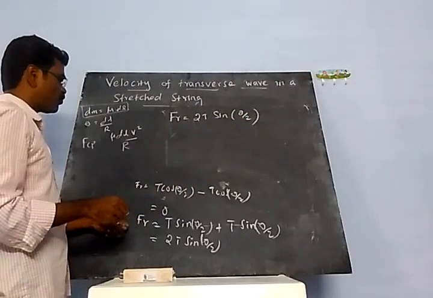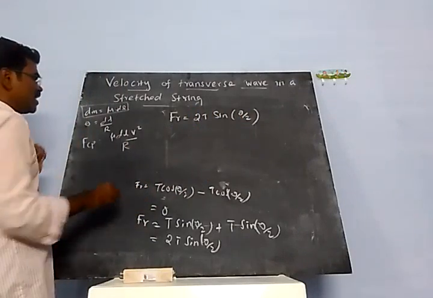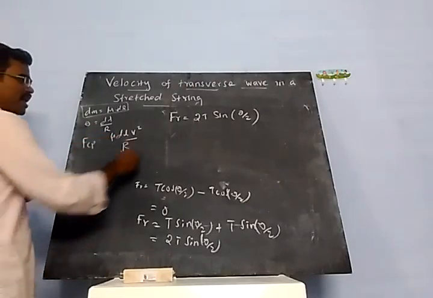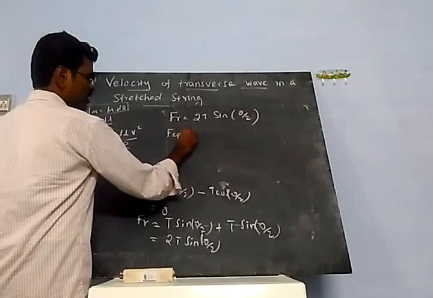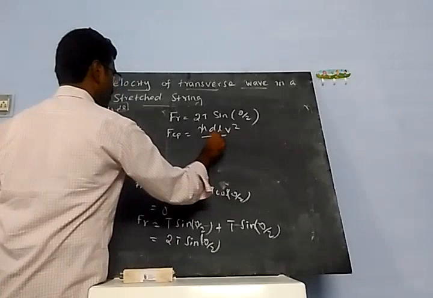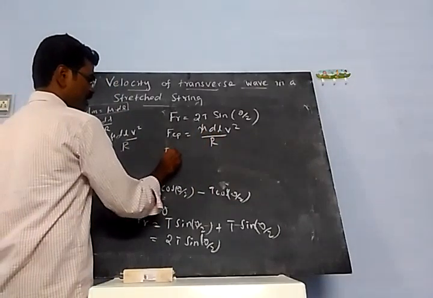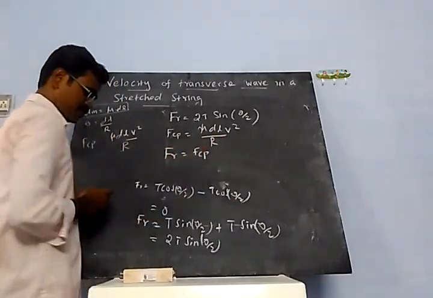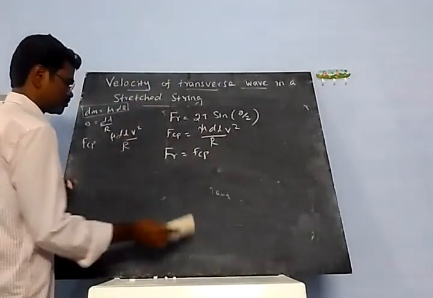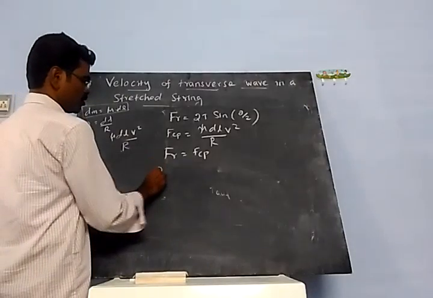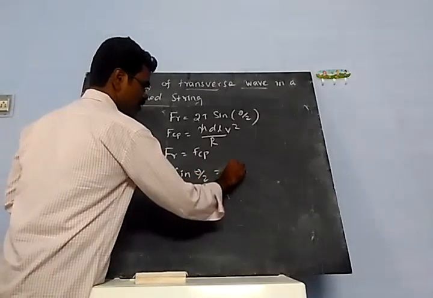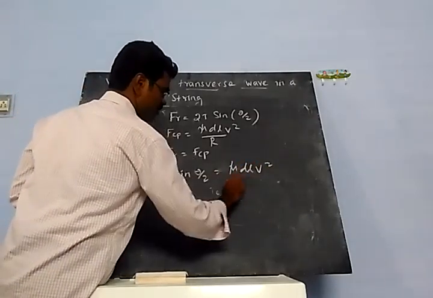This radial force is equal to the centripetal force. So what is the centripetal force? mu dl v squared by r. So F_r is equal to F_cp. Then 2T sin theta by 2 is equal to mu dl v squared by r.